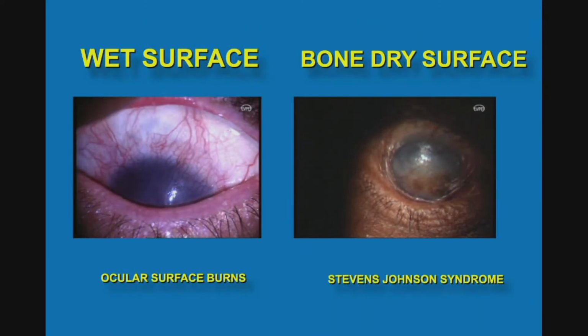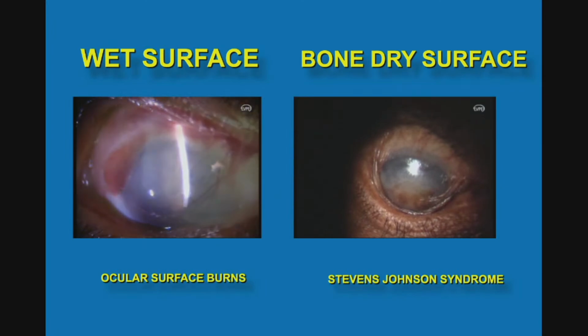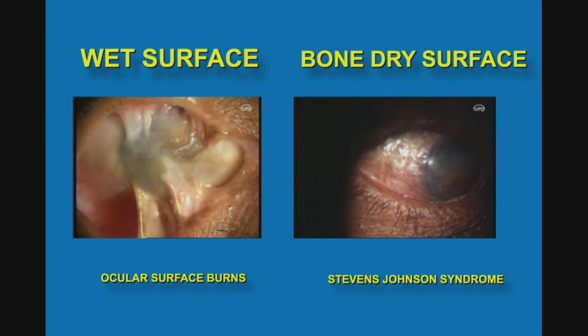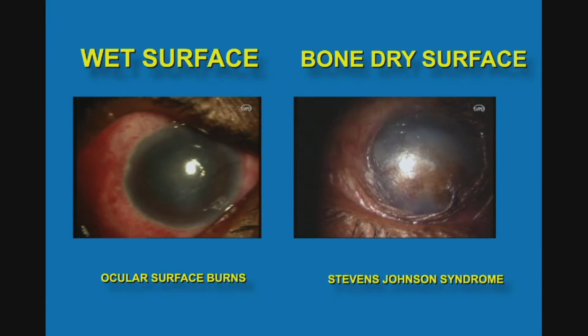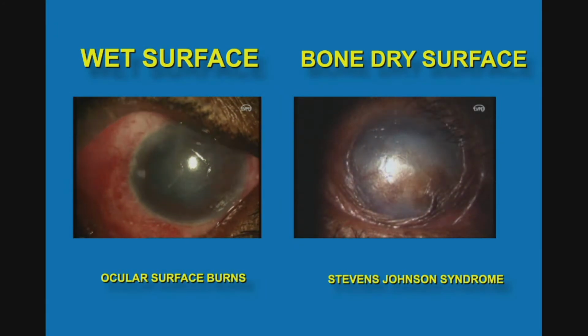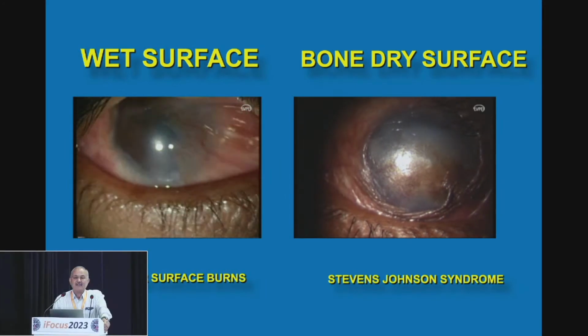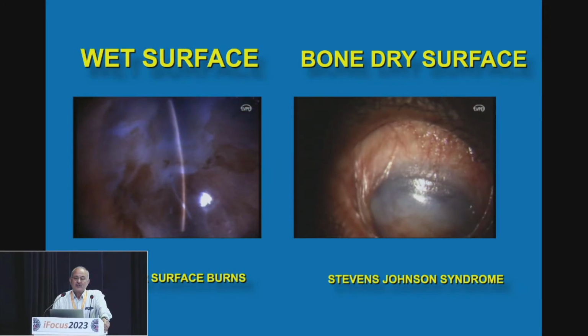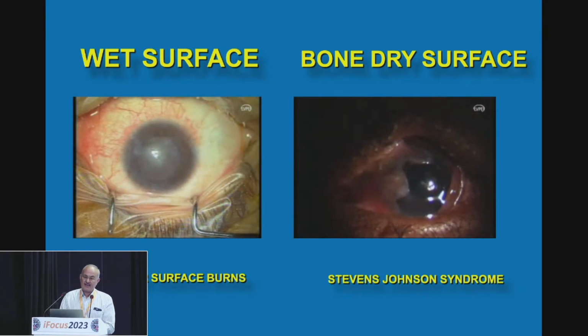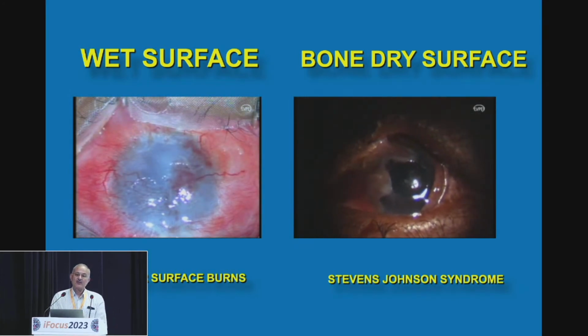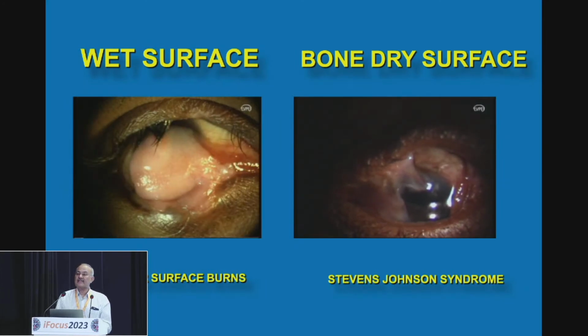Another important concept is that we need to understand if the surface is dry or wet. On the left you have a completely dry surface, like in the Stevens-Johnson syndrome on the video clip which you are seeing, and on the right side a wet surface, which is mostly chemical burn. So if you treat the ocular surface with the wet eye, the chemical burns, your prognosis of the condition is likely to be good.